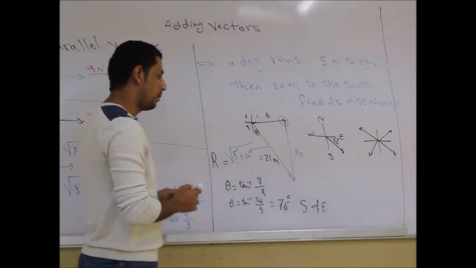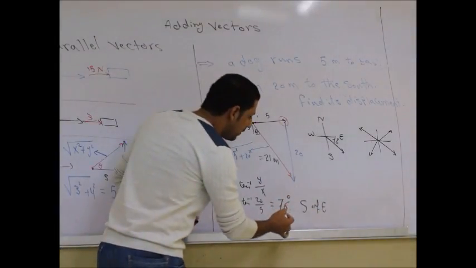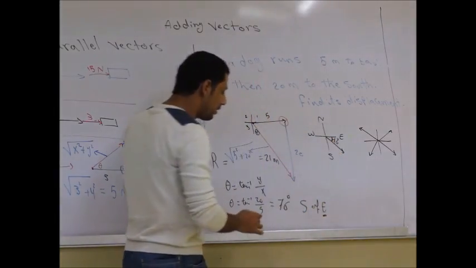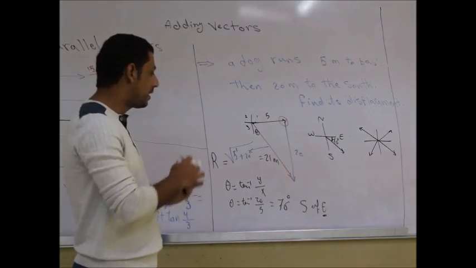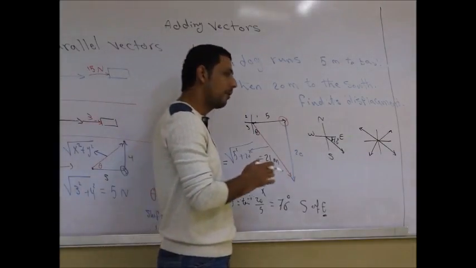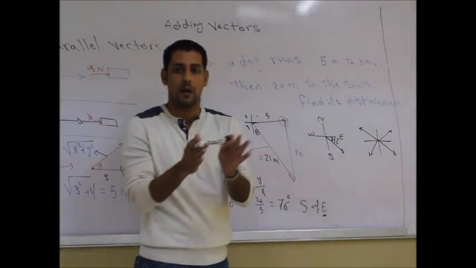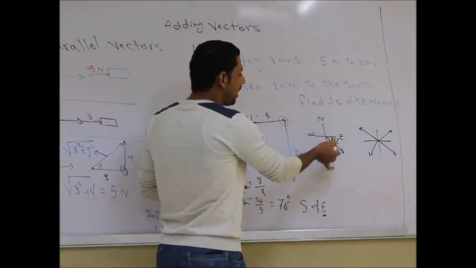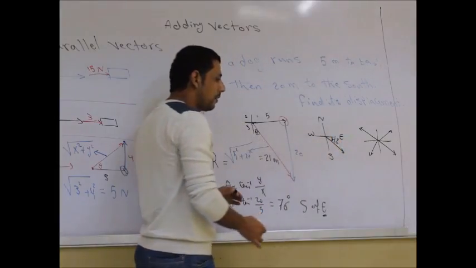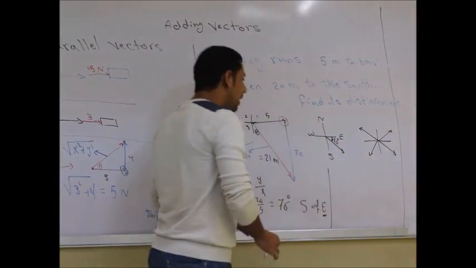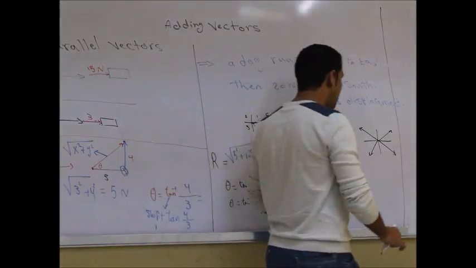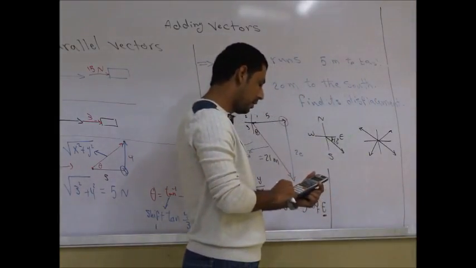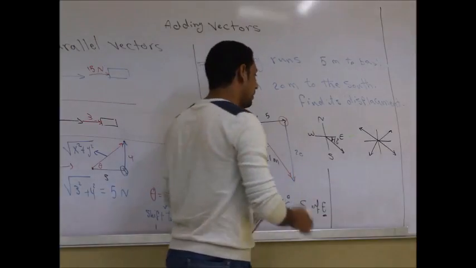Take care of this point: 76 from the east. It looks like I take 76 degrees from east to the south. Because if you use the other angle, it will be east of south. For example, if this angle is 76, then 90 minus 76 equals 14.